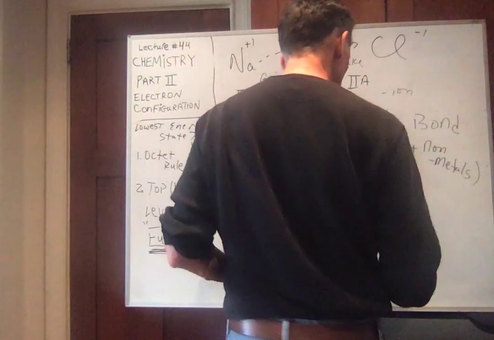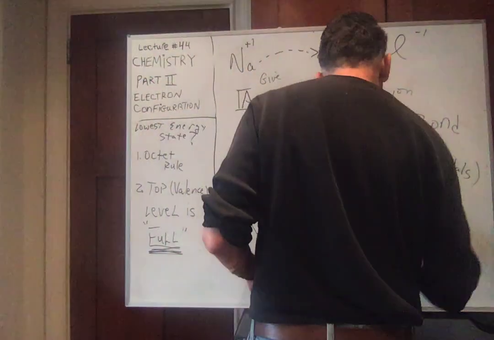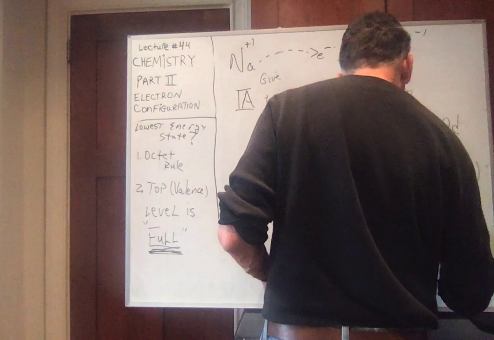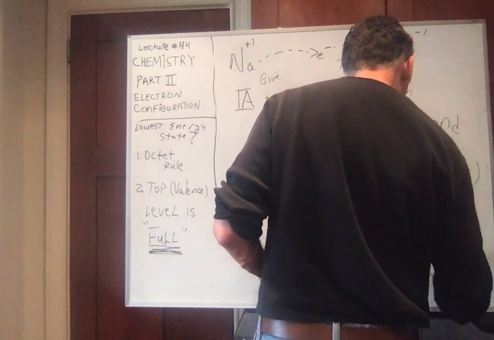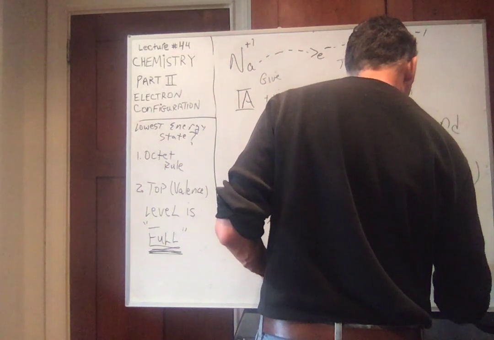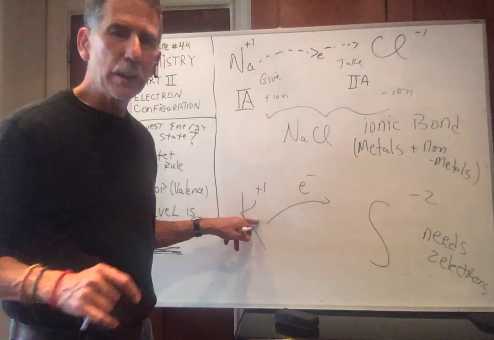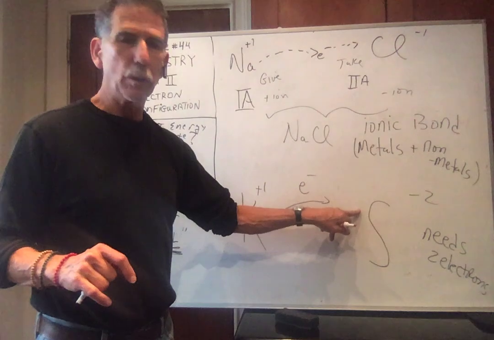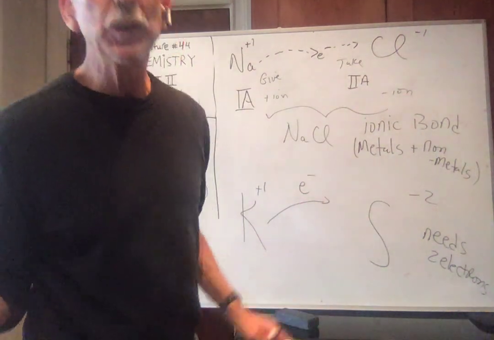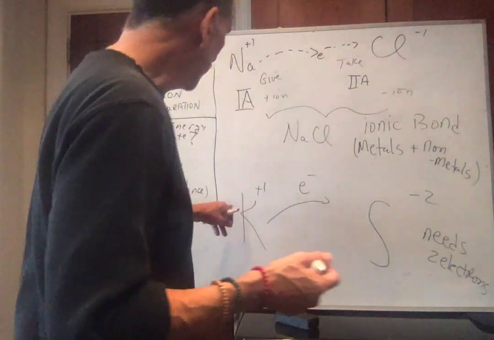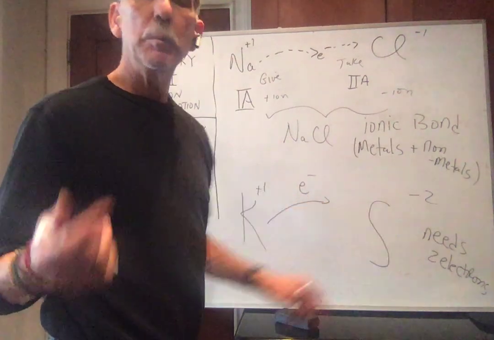Let's look at sulfur. Sulfur needs two electrons. But potassium only can give one electron. So sulfur needs two electrons. How could potassium mix with sulfur and make it happy?